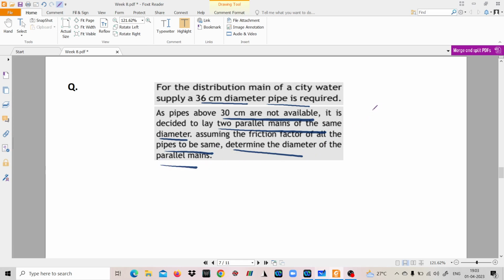So basically, it has been found that in order to supply water for the distribution network of a city, the diameter of the pipe should be 36 centimeter, but there is a restriction. The available pipe diameter in the market is only 30 centimeter. So it was decided to provide two parallel main lines, and if you assume that the friction factor f is the same for all the pipes, we have to determine what the diameter of the parallel mains should be.